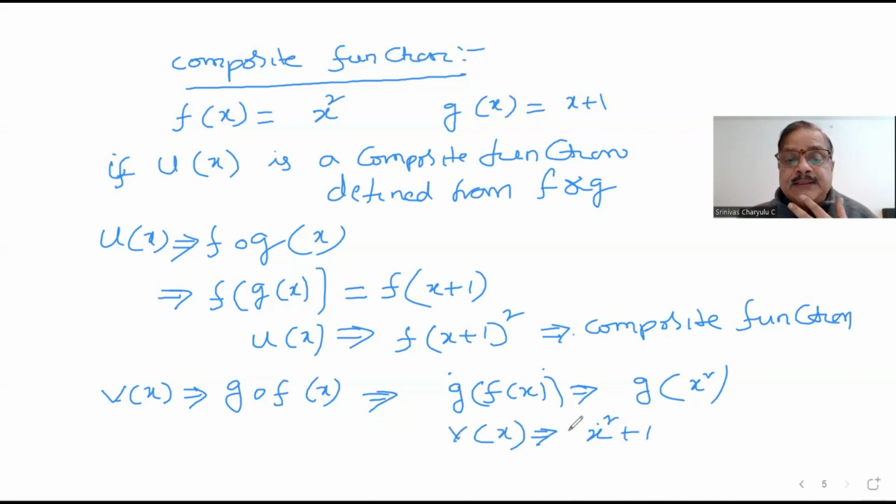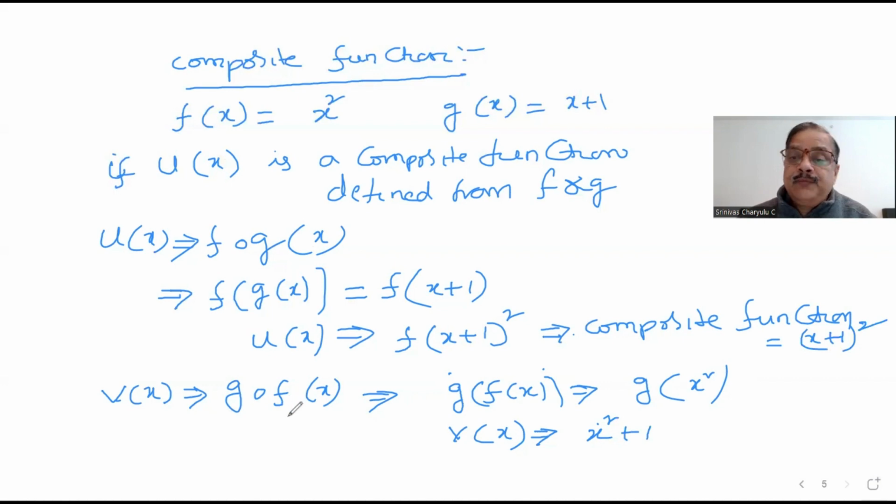Now see the difference. The composite function u of x, when defined as f circle g, we got x plus 1 whole square. Correct?